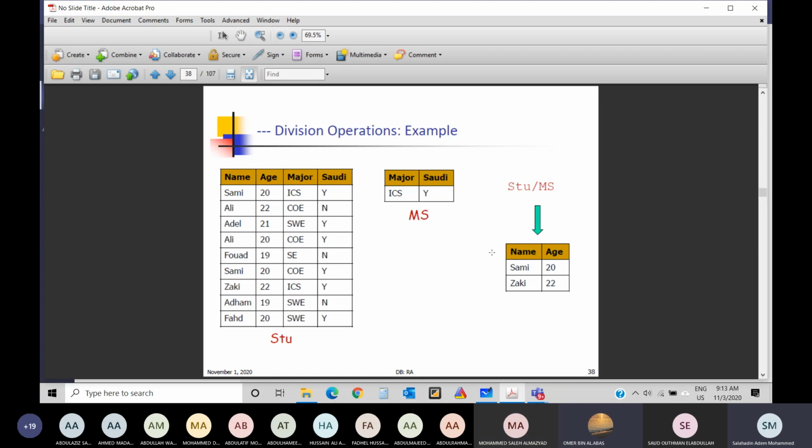Doctor, can you choose a specific column to appear in the output? Yes, for example, do the following. After you do this, do projection.